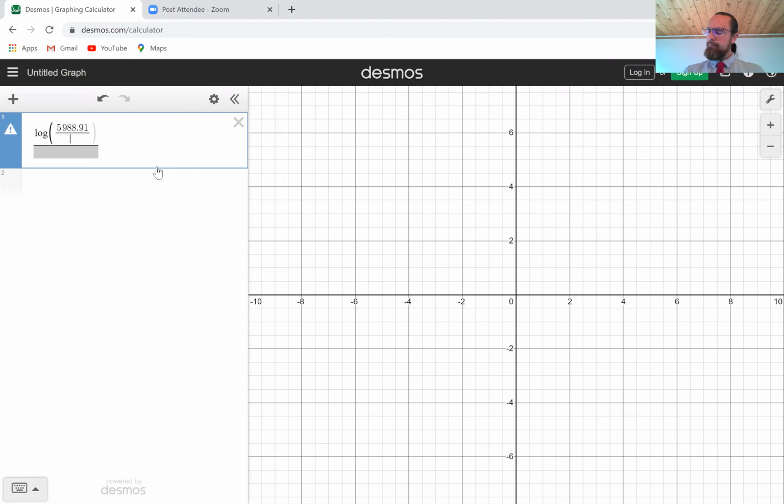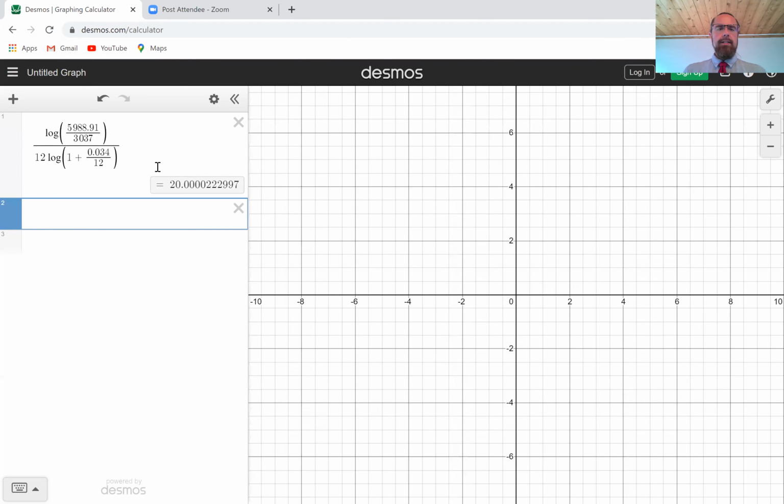That's the future value over the initial investment, $3,037, over 12 times logarithm of another sum, 1 plus, and then a final fraction, 0.034 over 12. And notice that's giving us a very close number to 20, 20.000022, and so forth. And in fact, we'll round that to 20 years.